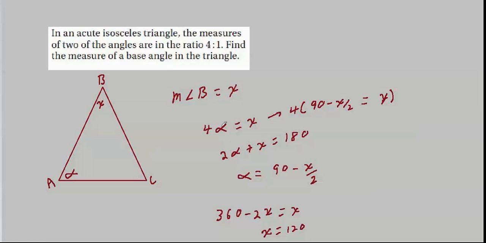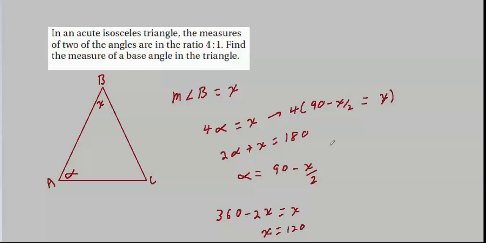When we do that, we get that our angle here, x, is equal to 120. That doesn't seem right. You know why it doesn't seem right? Because they tell us right here that it's an acute isosceles triangle. Well, with an angle of 120, it's not acute. So I've got the wrong answer.